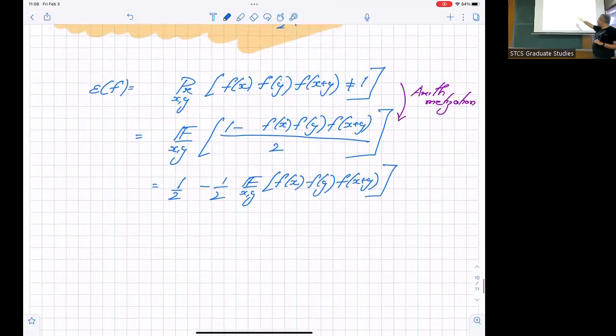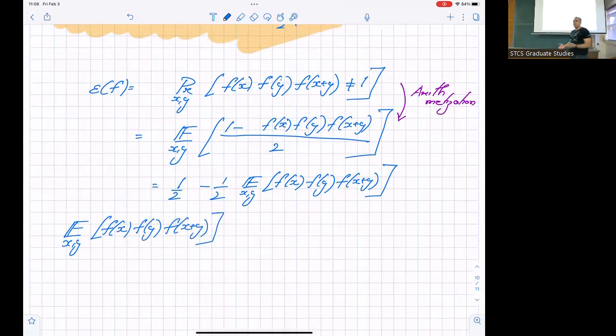I'm not going to carry the half on this one, so let's just look at the expected value over x, y of f of x, f of y, f of x plus y. What do we have? We have Fourier. Let's open out each one of them in the Fourier basis.